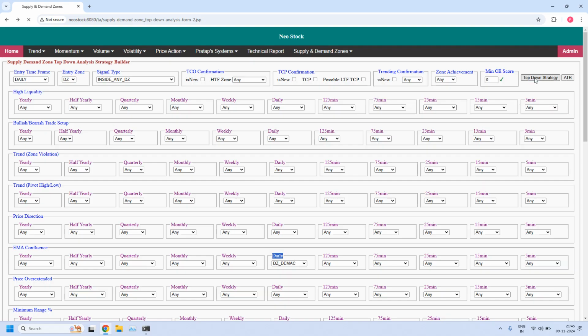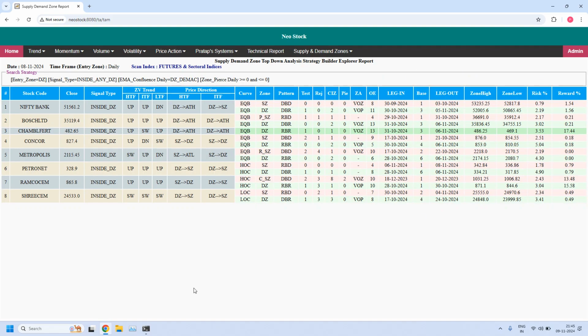We got only 8 stocks. Out of these 8, 2 stocks are sideways, you can ignore them, because EMA Confluence does not add any extra advantage for stocks having a sideways trend. LTF trend is daily trend. Now these daily demand zones you can plan as an HTF zone or ITF zone for your trade setups.